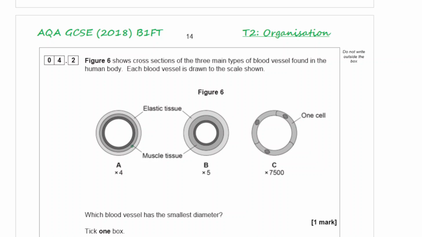Figure 6 shows cross sections of the 3 main types of blood vessel found in the human body. Each blood vessel is drawn to the scales shown. So you have A, and the scale shown is multiplied by 4, B is multiplied by 5, and C is multiplied by 7,500 times. So C is the smallest.